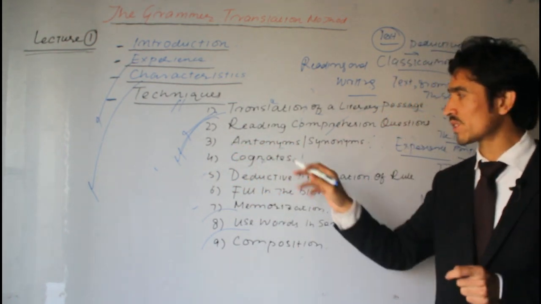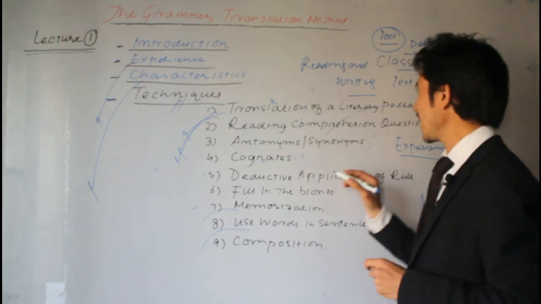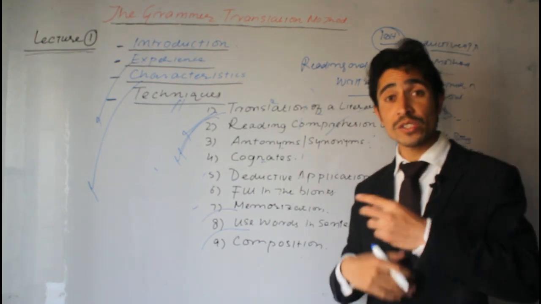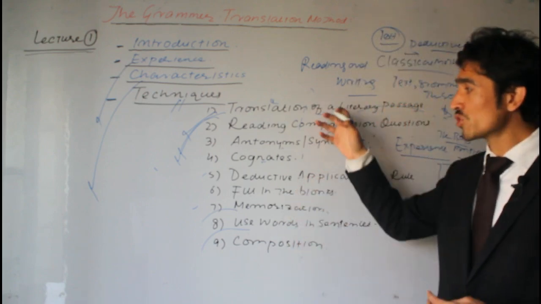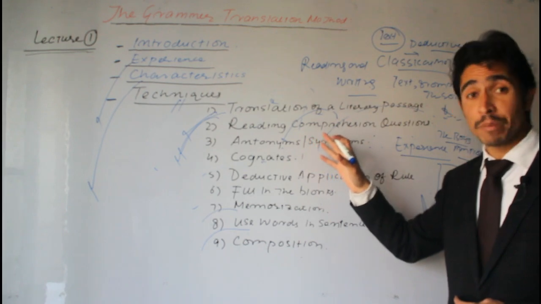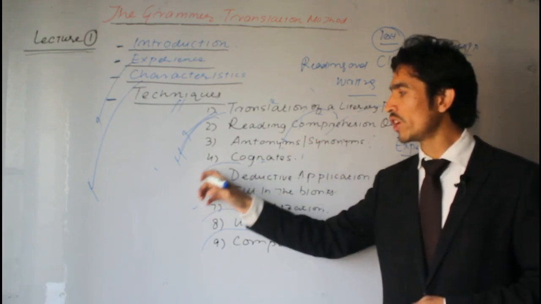The third technique is antonyms and synonyms. They are given a series of words and they have to find antonyms and synonyms in the passage. The fourth is cognates.